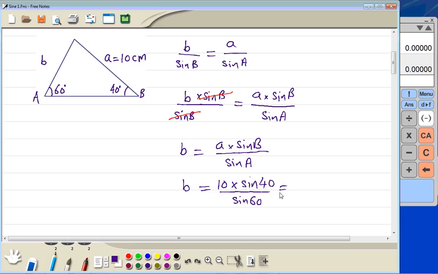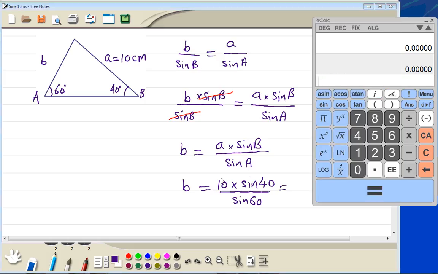Then we go to the calculator. So we type the top part of the fraction, which is 10 times sine 40 close bracket, divide by sine 60 degrees close bracket, press equal sign, and we get the answer.